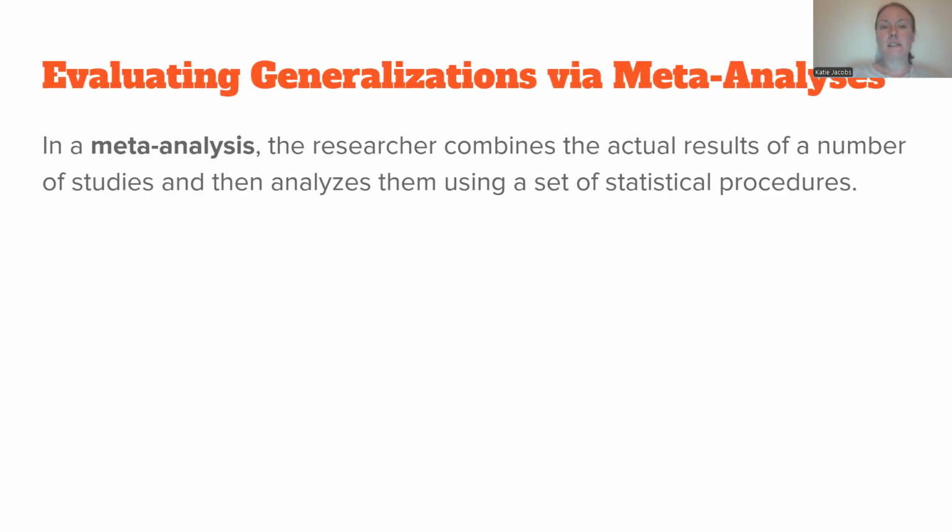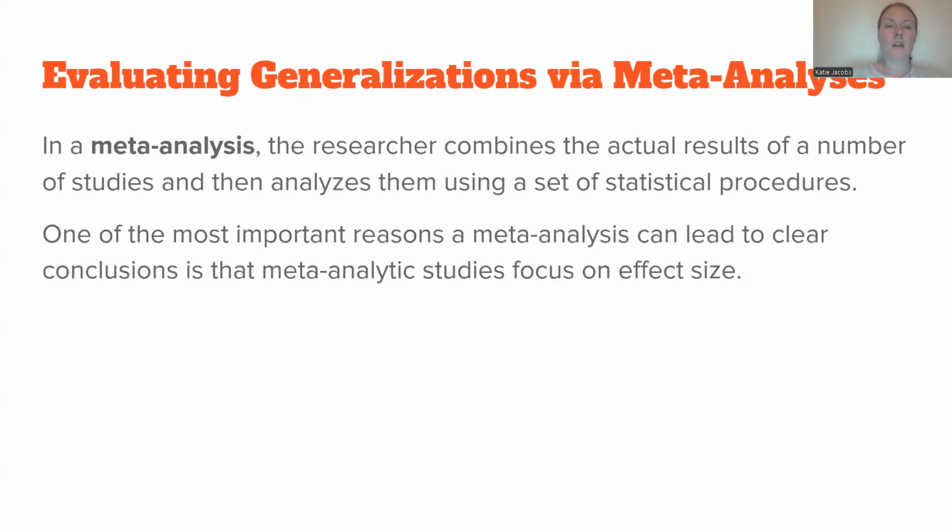Now meta-analyses, though, this is when researchers combine the actual results of a whole bunch of different studies, and then they analyze them using a very specific set of statistical procedures. One of the most important reasons a meta-analysis can lead to a clear conclusion is that meta-analytic studies focus on effect size. In stats classes, you should have learned to calculate different effect sizes like Cohen's d.